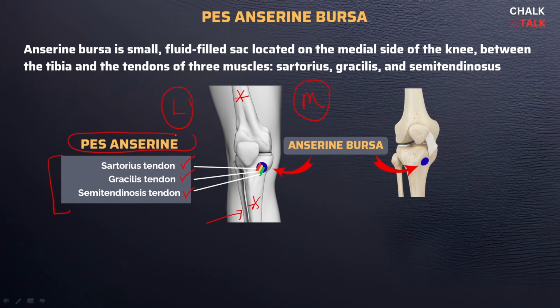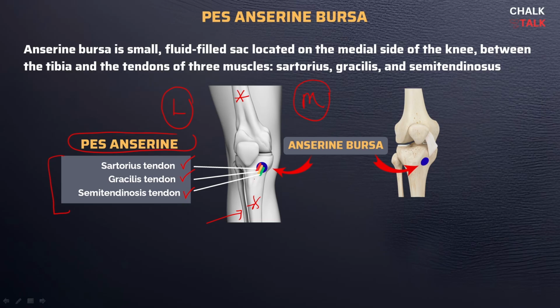The name Pes Anserine came from the way they fan out like the webbed foot of a goose. So it means the foot of a goose. And just as a quick side note for anyone who's inquisitive about these structures, the sartorius is actually the longest muscle in the human body.